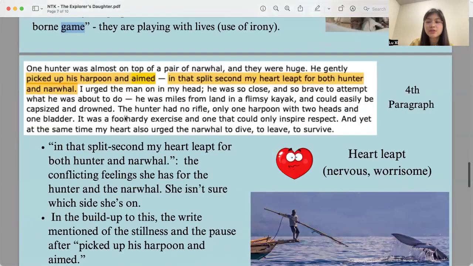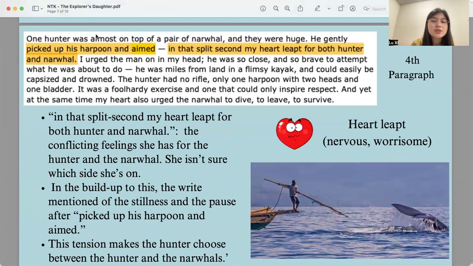And so next, the fourth paragraph: the hunter was almost on top of a pair of narwhal, and they were huge. He gently picked up his harpoon. So a harpoon is this huge tool that the hunter uses to catch narwhal. In that split second, my heart leapt. My heart leapt for both hunter and the narwhal.